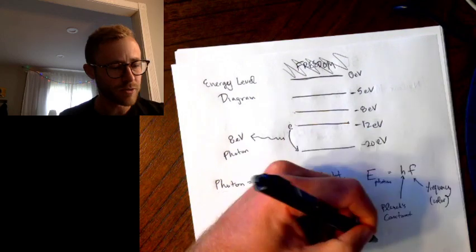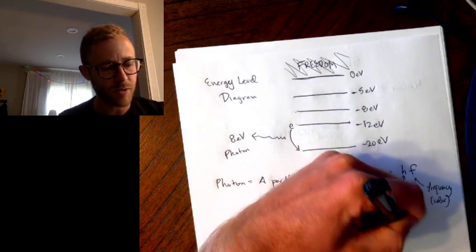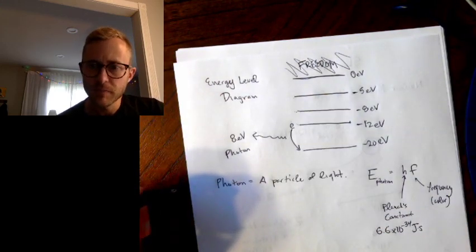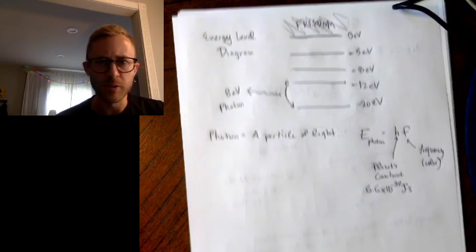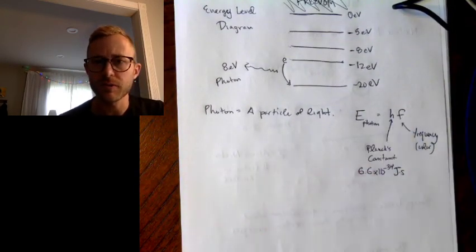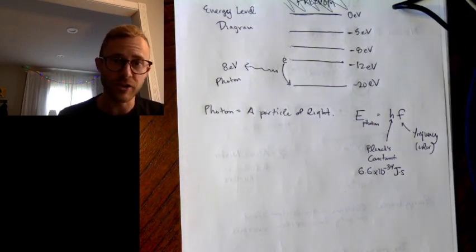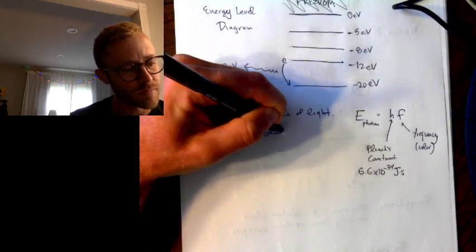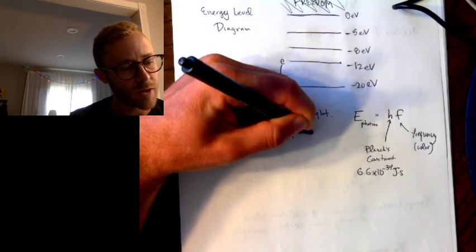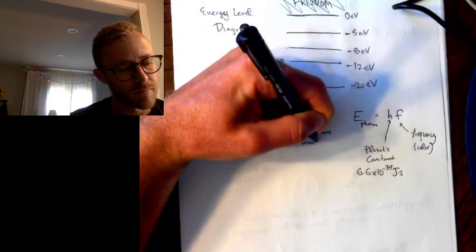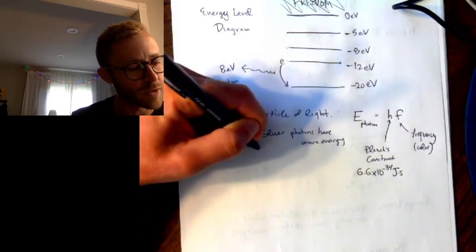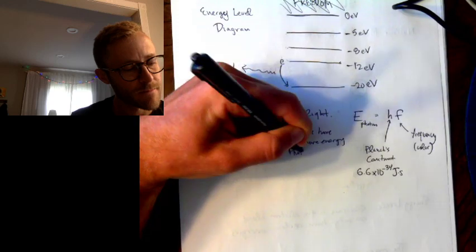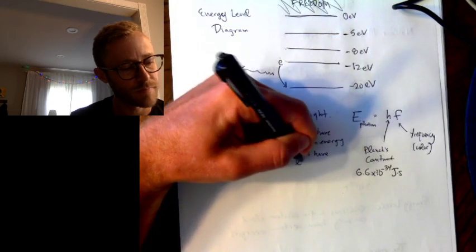And its value is 6.6 times 10 to the minus 34 joule seconds. Okay? So we can see that as the frequency becomes larger, the energy goes up. So actually, this means that bluer photons have more energy. Redder photons have less energy.